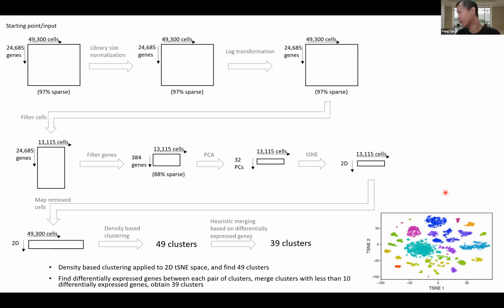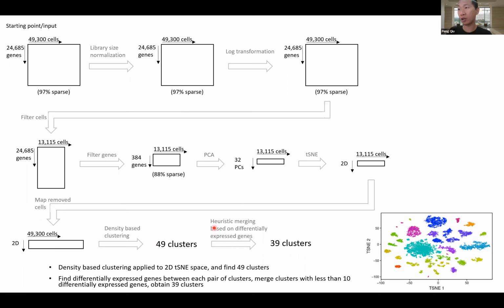Maybe 49 islands if we count, right? And later, they did pairwise differential expression analysis to identify how many genes are differentially expressed between each pair of these 49 clusters. They noticed that among these 49 clusters, certain pairs have very, very few differentially expressed genes, so the authors did not feel comfortable calling them distinct cell types, and they decided to merge them.